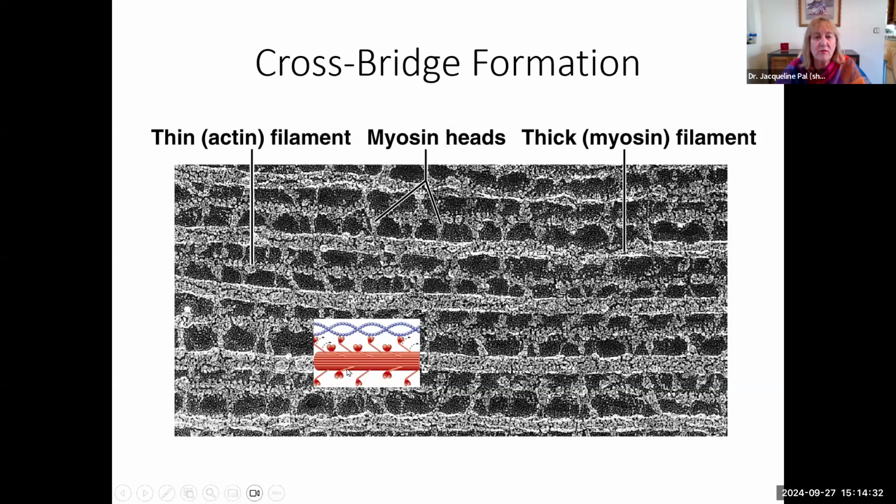This shows the cartoon drawing, which I shrunk down and overlaid over an electron microscope picture showing the myosin with the myosin heads going into the actin binding sites, forming a cross bridge.